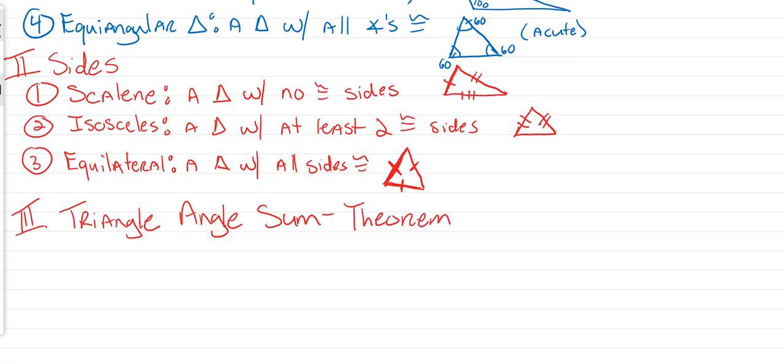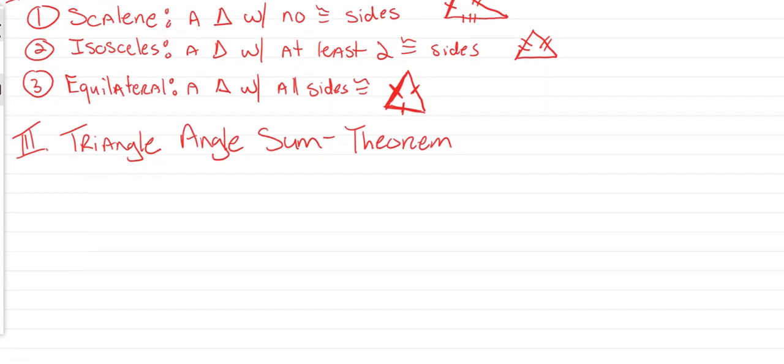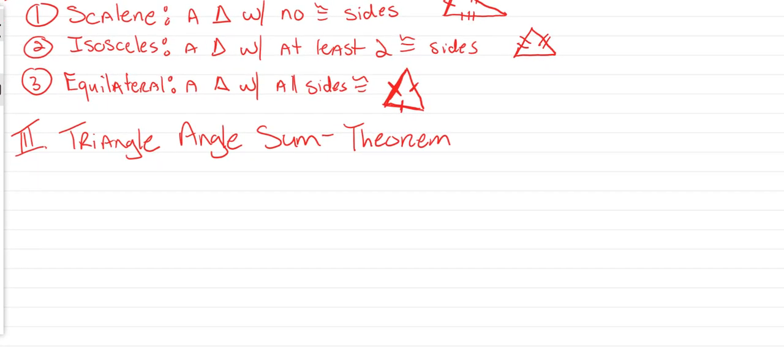All right. So the triangle angle sum theorem, most of you already know what this is. I'll just do a few basic examples here in the video, and then we'll do some examples in the packet together.